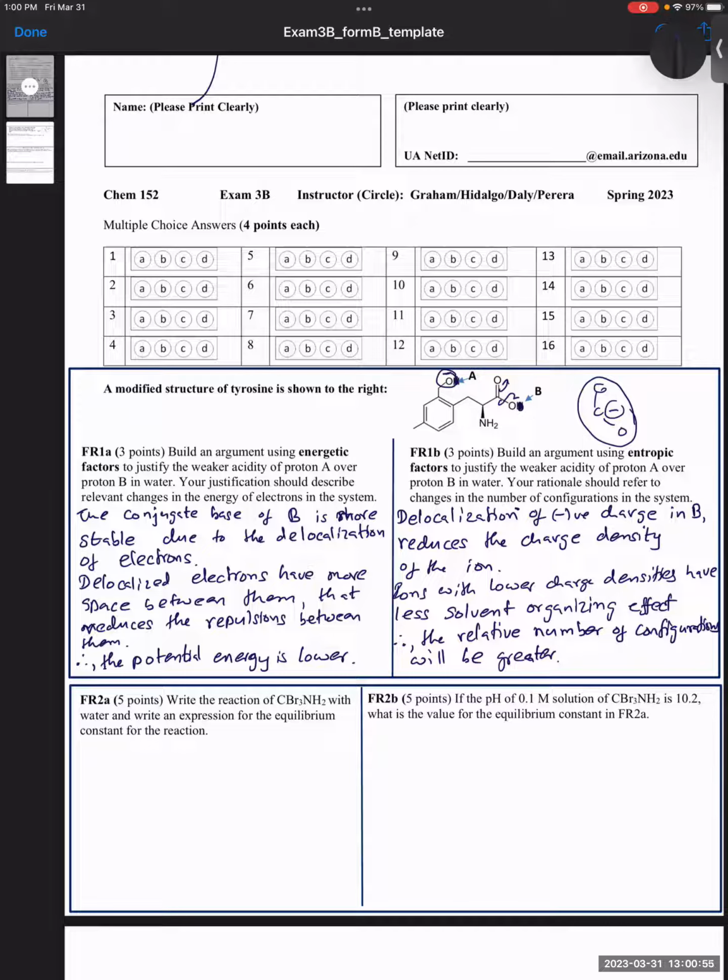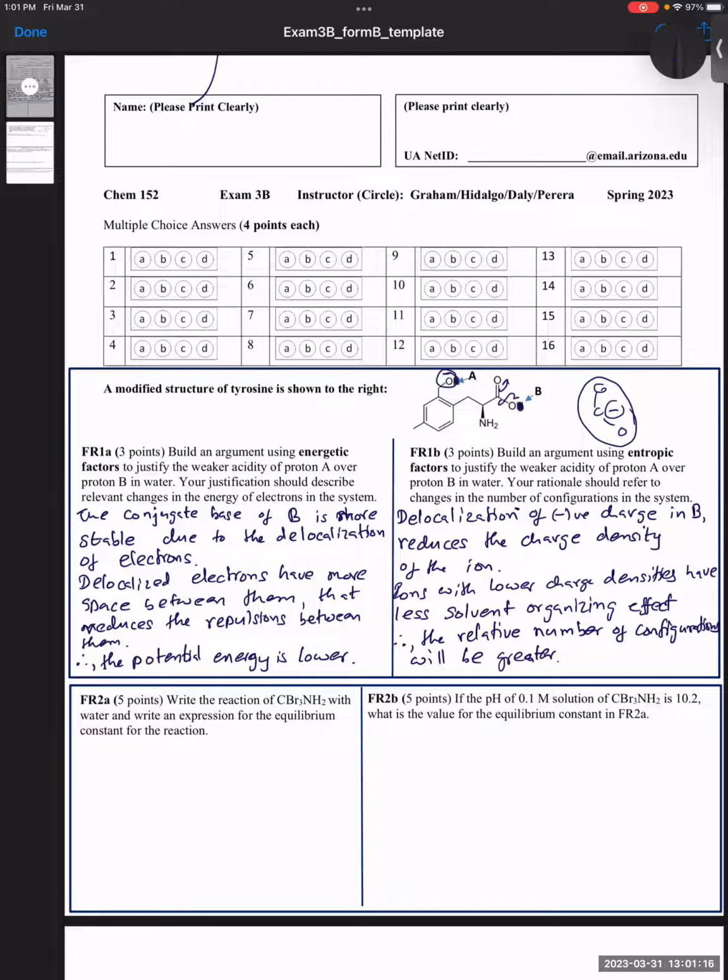That's why the relative number of configurations is greater when the conjugate base of B is in water, rather than the conjugate base of A in water, which makes the acidity of proton B greater.